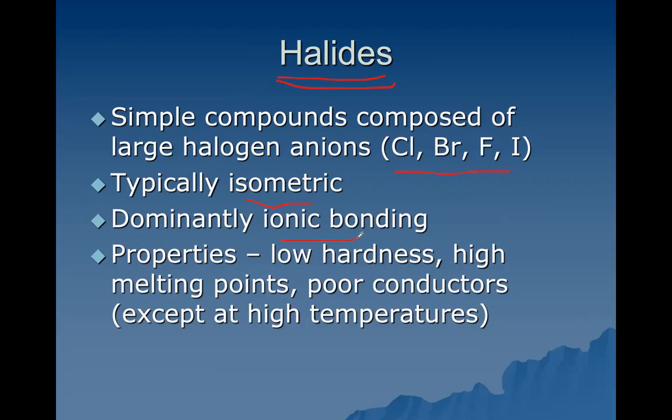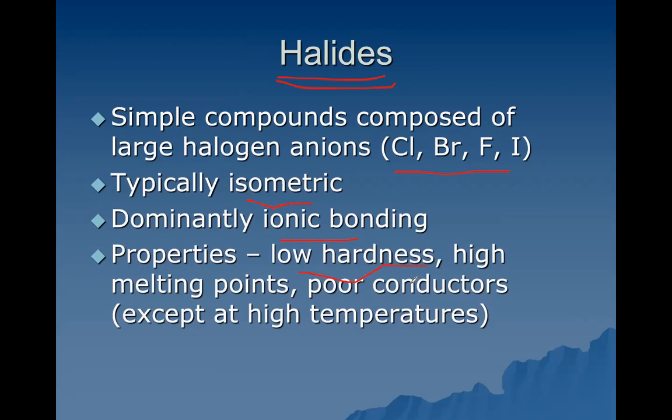They form ionic bonding. And the properties are usually they are low hardness. Unlike other minerals that we considered, they are having low hardness, right? Easy to wear and tear. So therefore it's low hardness but high melting points, right?